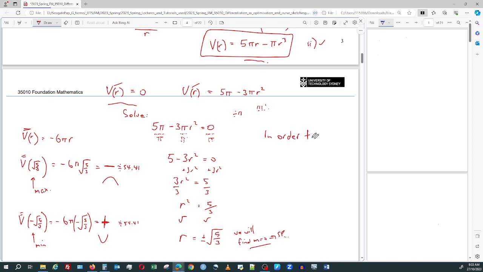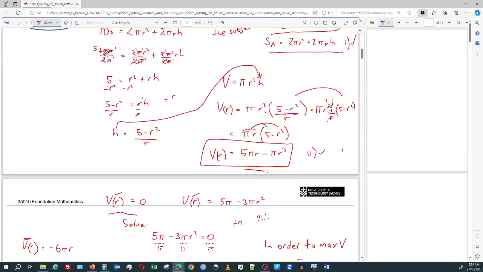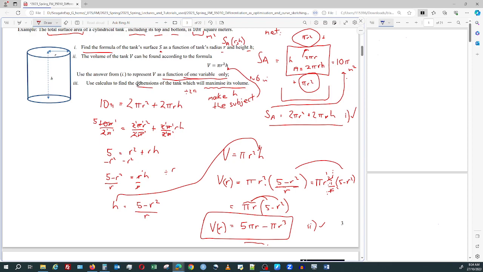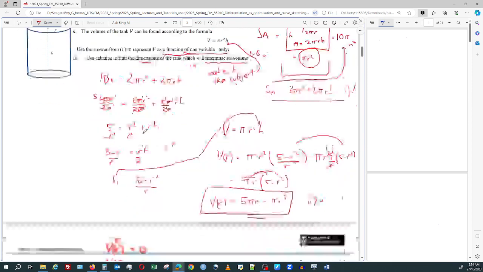In order to maximize V, we use the radius positive square root of 5/3, which itself approximates to, let me just put that in, 1.29. And then I think it will want the h, will it? Use calculus to find the dimensions of the tank. So we've got r, now we better do h.